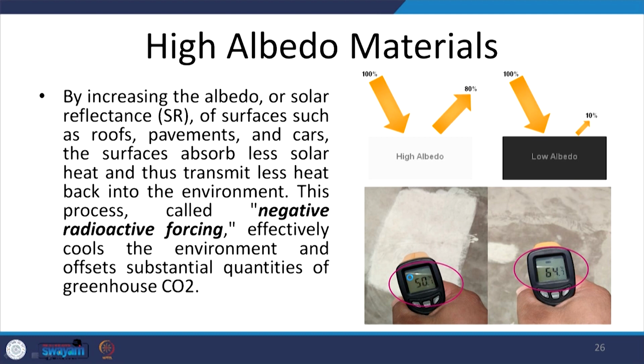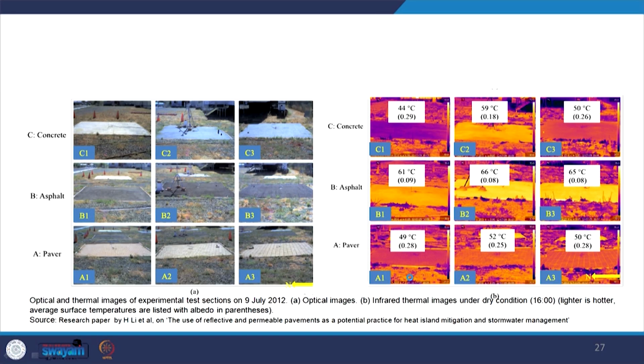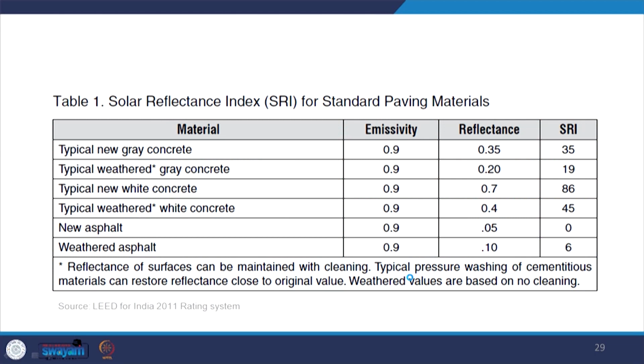The other property which we have here is the emissivity. Once we have reflected the amount of radiation which is incident on the surface, part of the rest, which is absorbed, will be emitted.